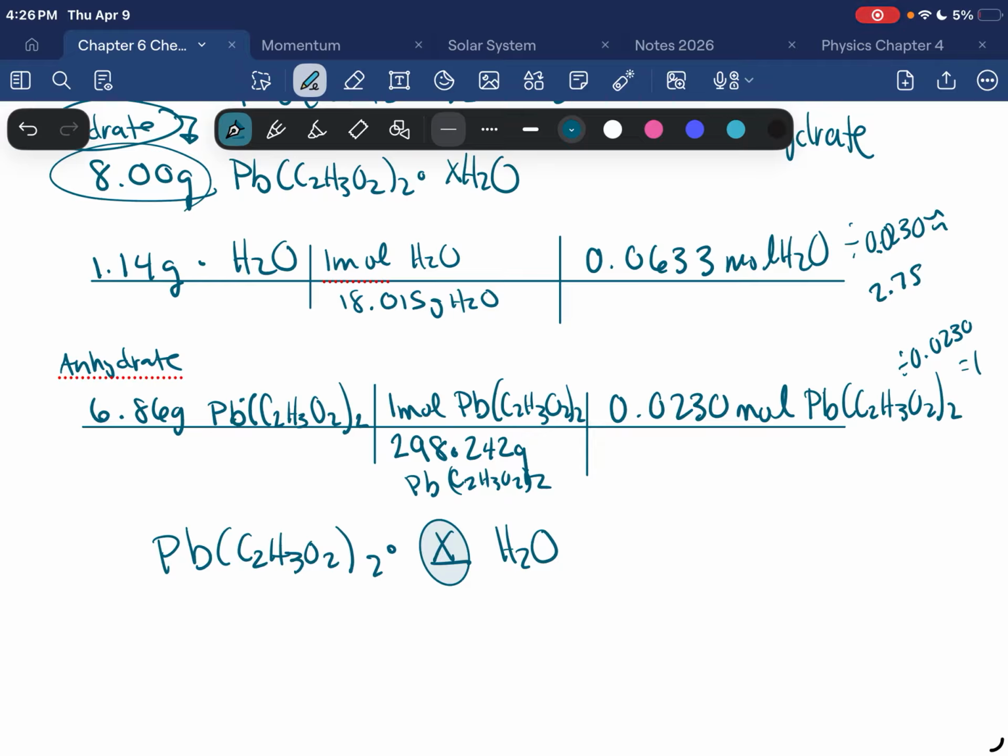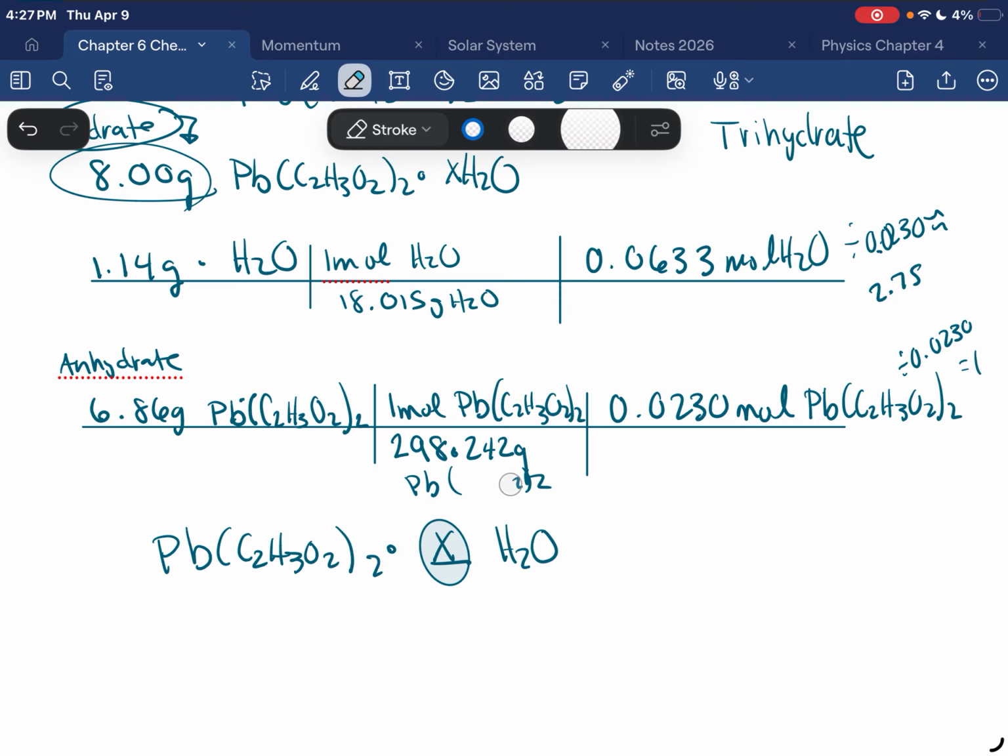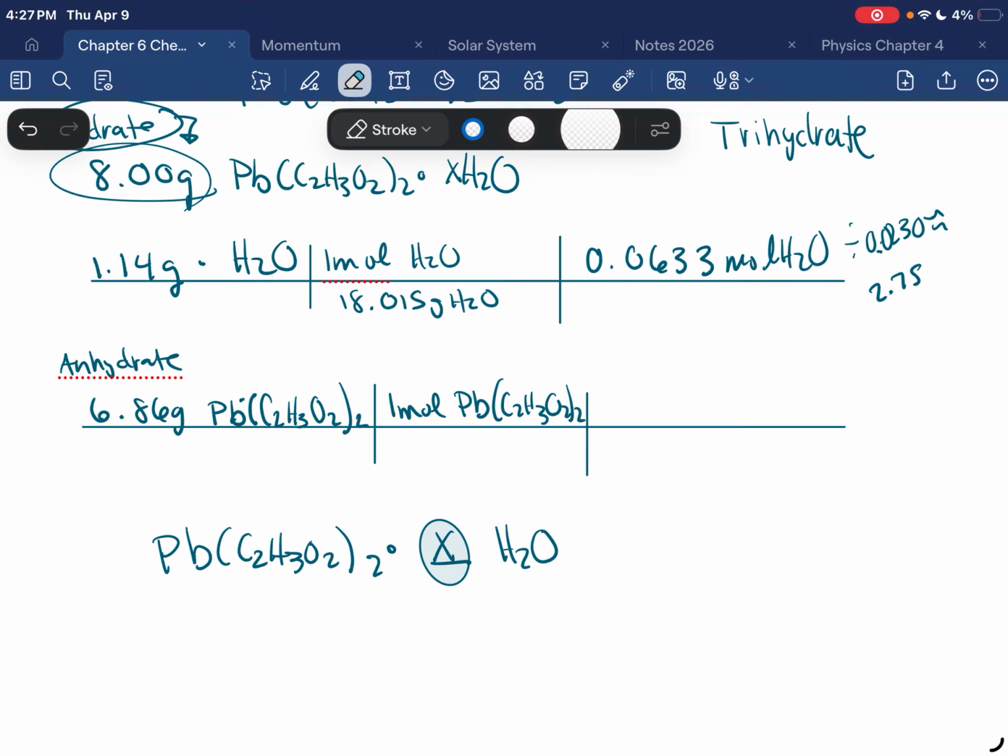Which number of mine is off? 6.86. Oh, it's 3. What did I do here? How did I even pull that? That mass is completely random. I hope you were saying, what on earth are you doing? Okay, it wasn't coming out to a nice number, so I was getting confused as to why that wasn't working.